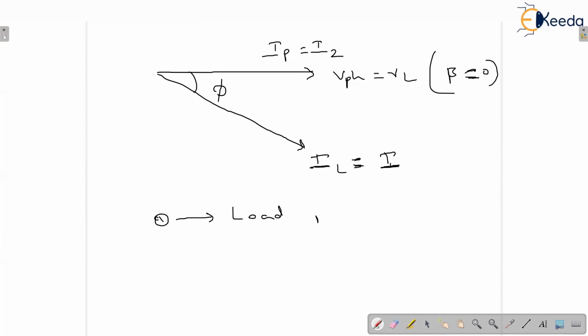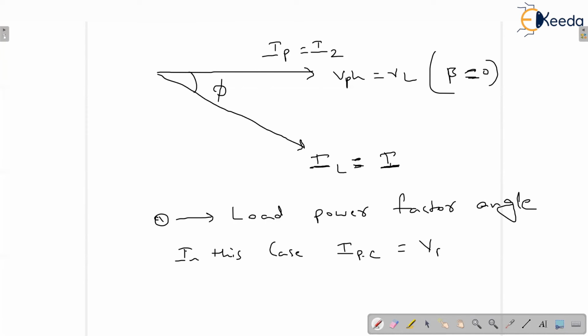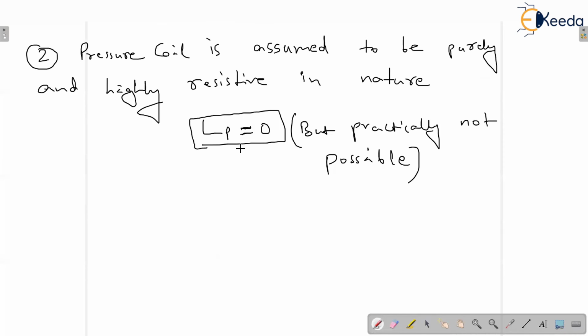Phi is the load power factor angle. In this case, the pressure coil current is V phase by R, resistance, because we are keeping LP equal to 0.